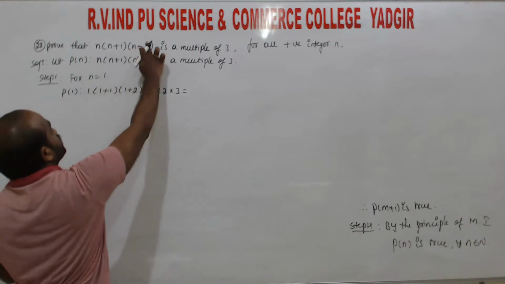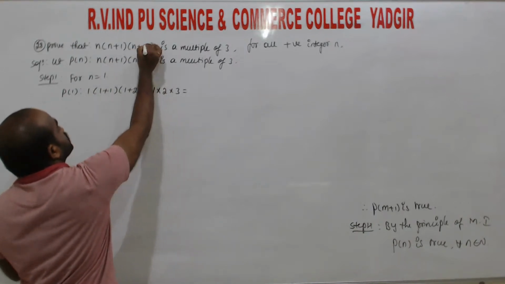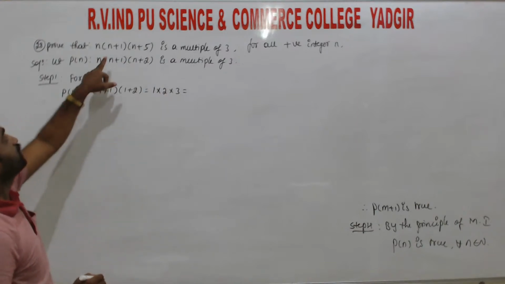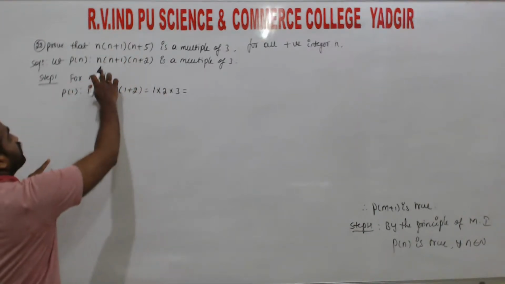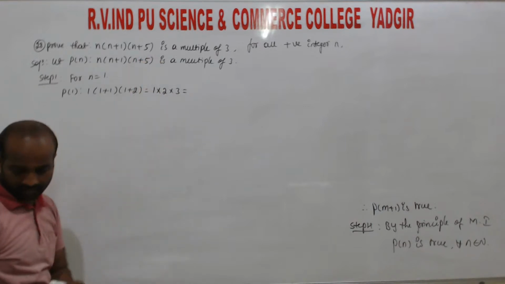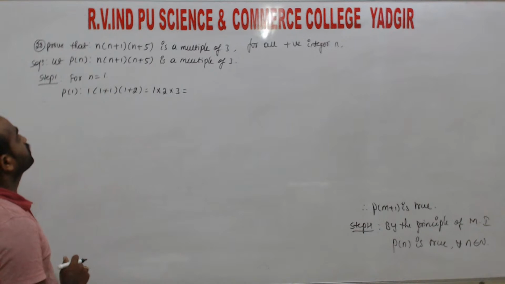Correction: this problem is n into n plus 1 into n plus 5, not 2. Okay, n into n plus 1 into n plus 5.